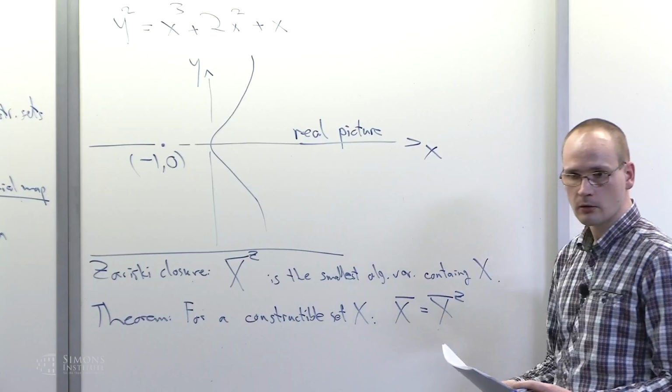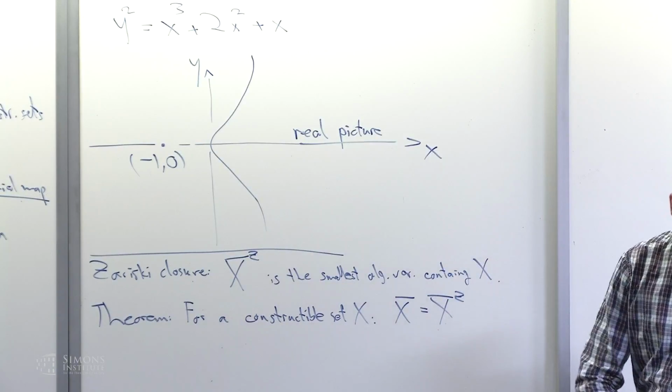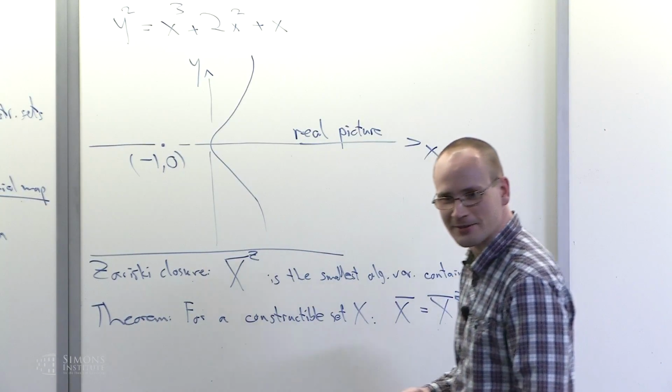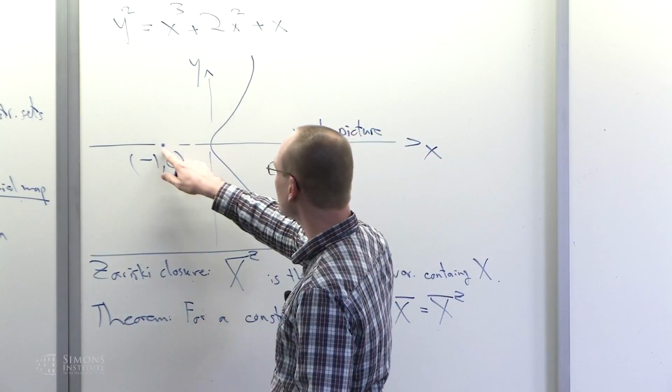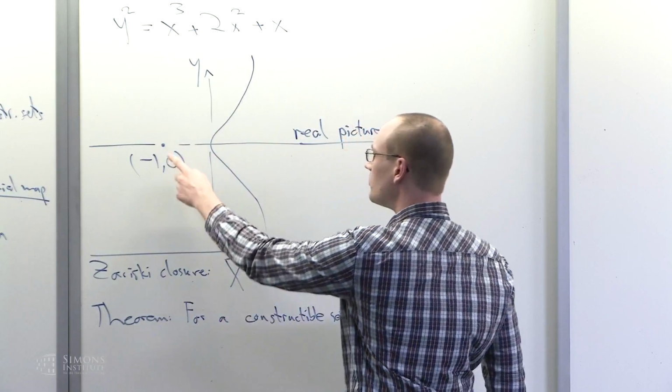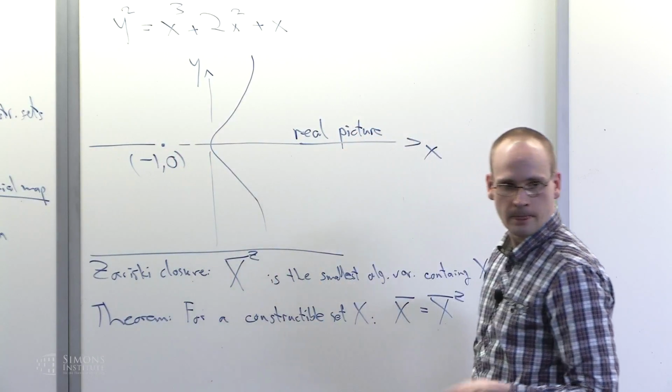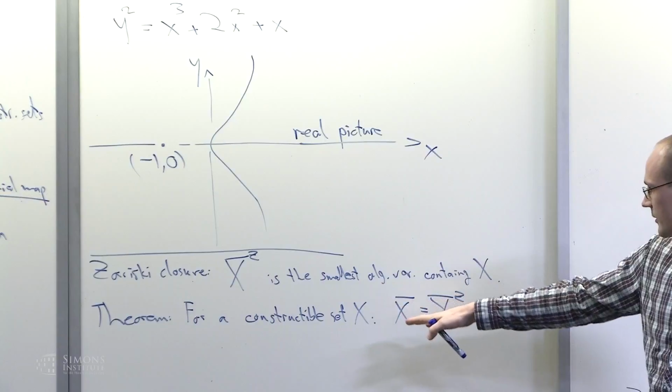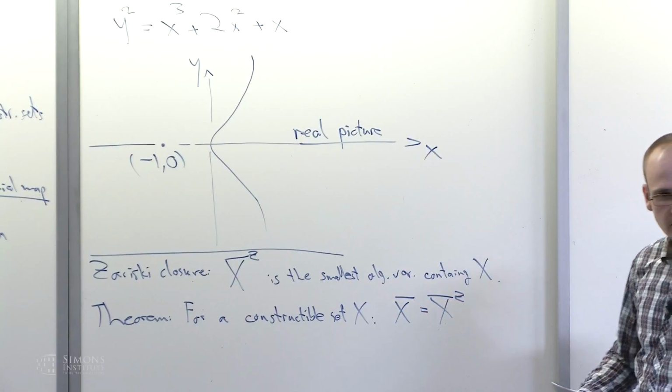So this presumably relies on complex numbers? Yes, this is why I chose this example, because this doesn't hold over the reals. So there's a subtlety going on here. If you remove this, it's still Euclidean closed, but this says that the closures should actually coincide.